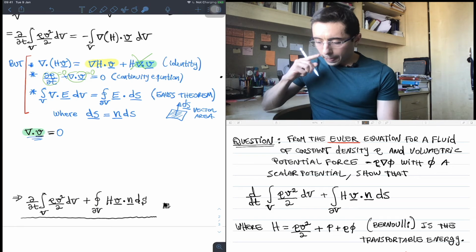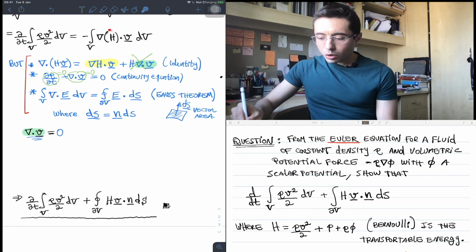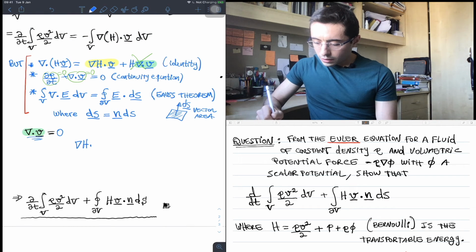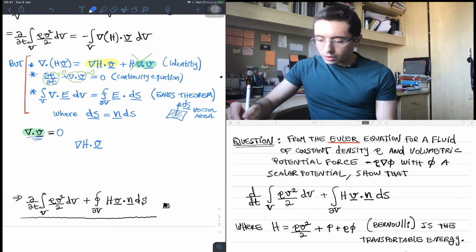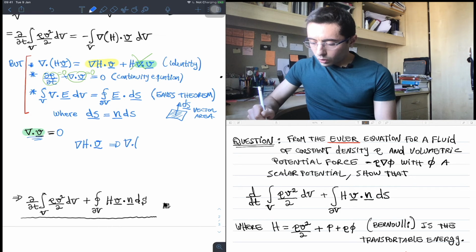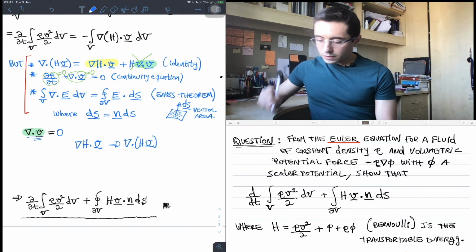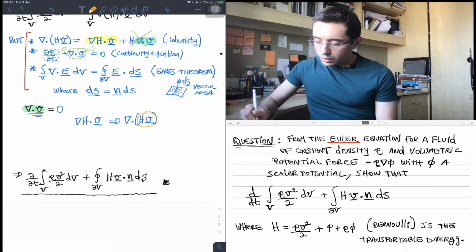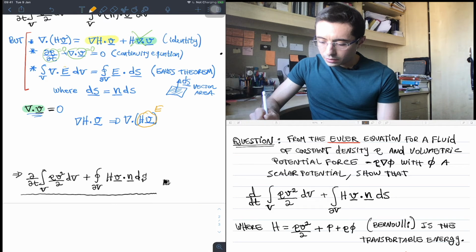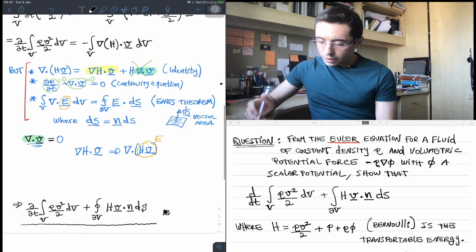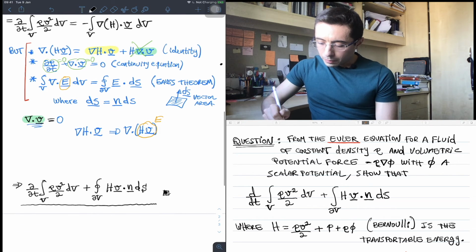Here's a plus. Instead of the divergence, right, of h times v, we will use the Gauss law or the Gauss theorem, and actually we will use, instead of that, the divergence of hv. But then this is like our E, like here. So basically what's there is a plus.